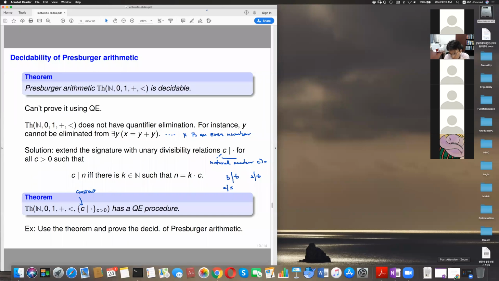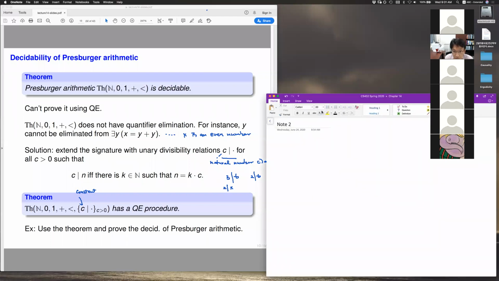Okay, so let me show you how to do this. Okay, so let's call the signature for this structure sigma.